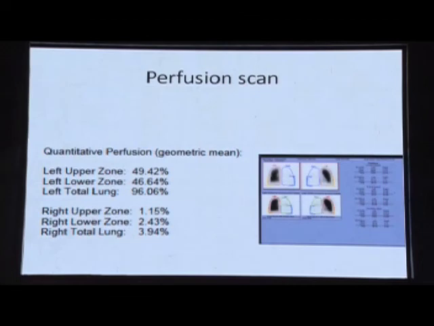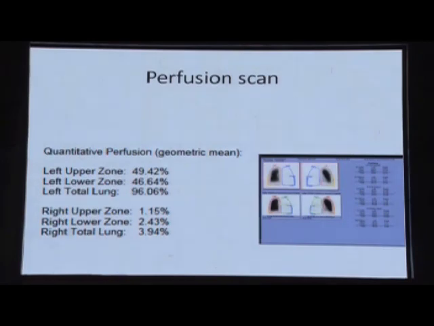As you can see here, the patient was scheduled for a right pneumonectomy, and you can see the right upper lobe zone, the lower zone, and the total lung perfusion on the right side was only 3.94%.